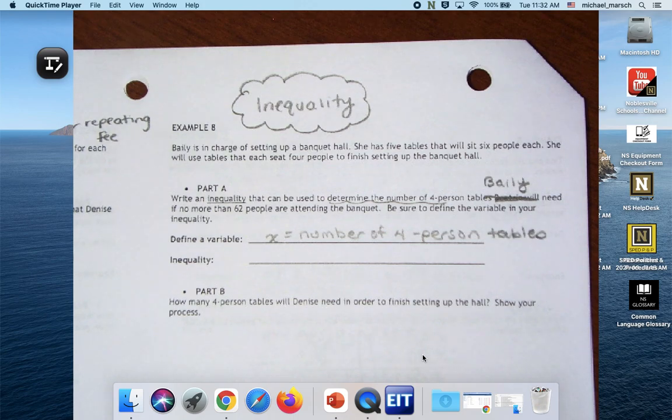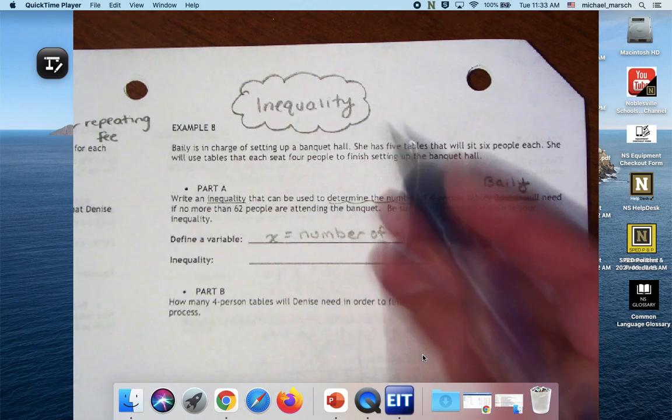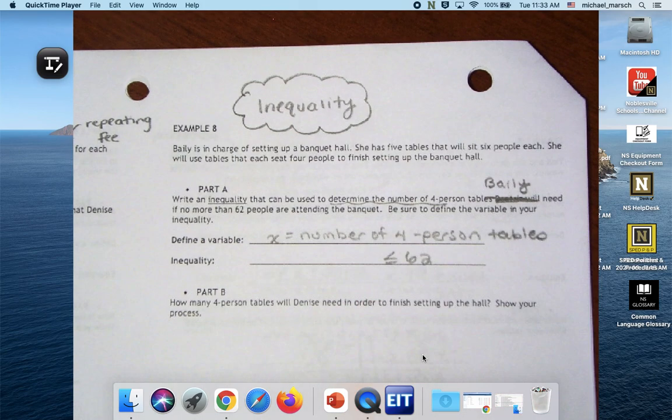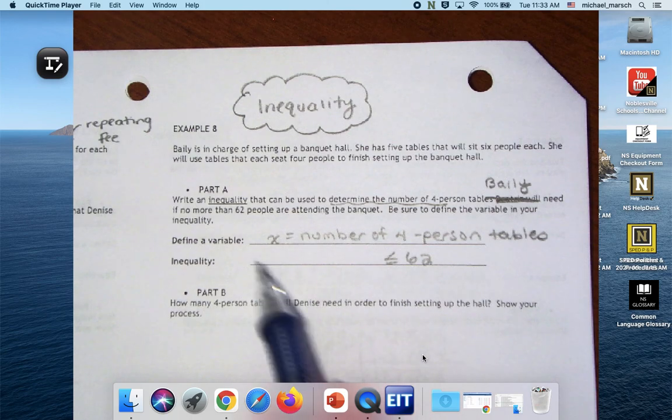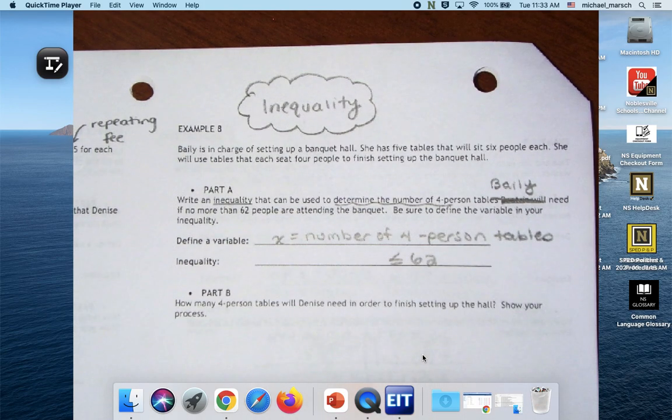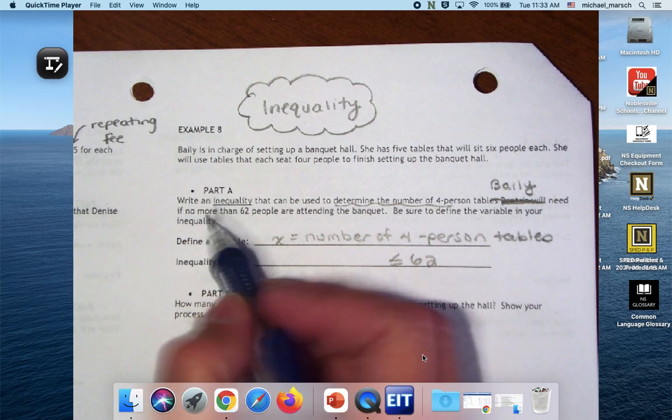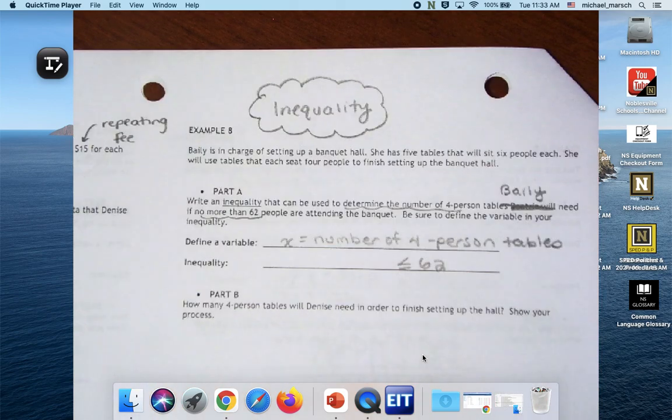Who thinks they can tell me what the inequality is? Kind of tricky. Jackson? Less than or equal to. It is going to be less than or equal to 62, but what's going to be on this side for the entire thing? So no more than is less than or equal to. Nice job. 4x.